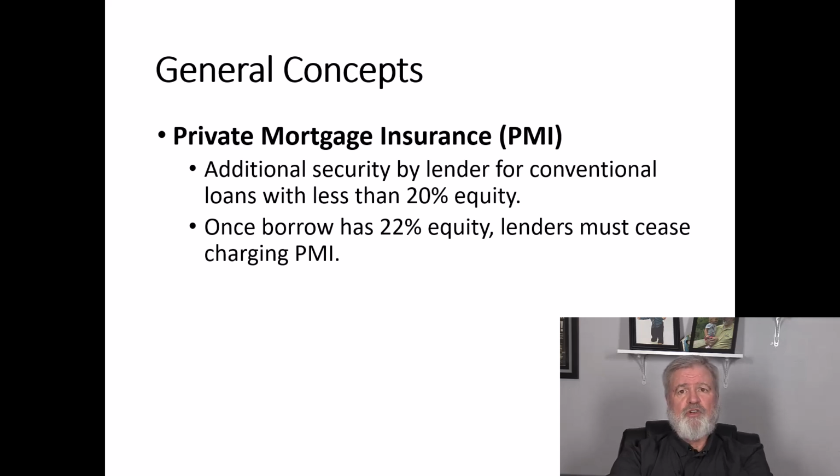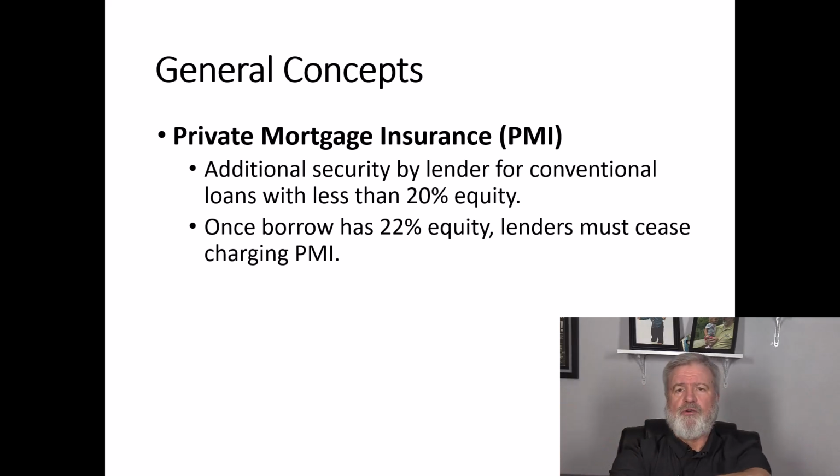But you've got to be able to show and perhaps even prove you have 20% equity. How do you prove that? Banks have AVMs, these automated valuation models, where they can look online and say, well, roughly we think your house is worth $100,000. You only owe $75,000, so that's 25% equity right there.